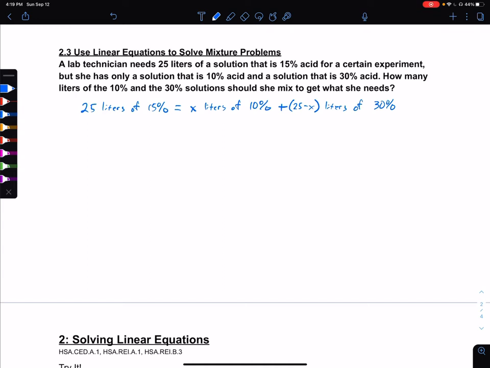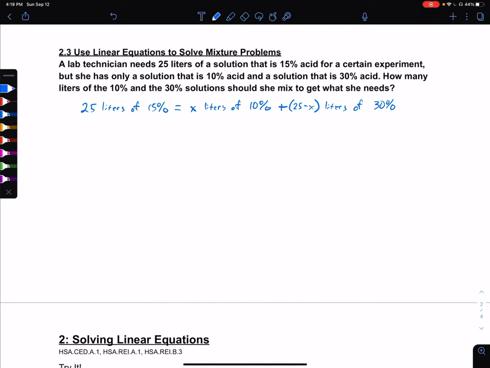Again, our total would be 25. We're taking X liters of 10%, so whatever is left over from that would be 25 minus X.